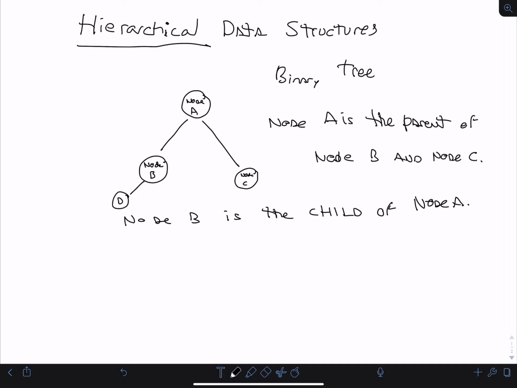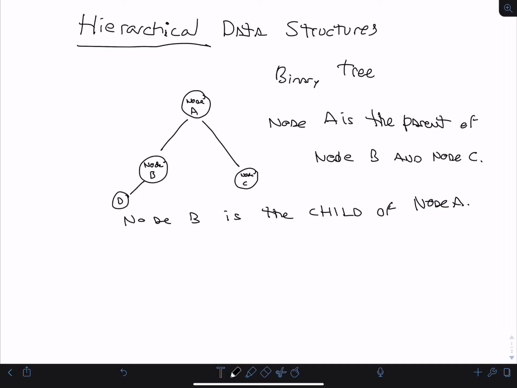Node D is the grandchild of node A, and node A is the grandparent of node D. So you can think of it kind of like a family tree in a way, except here it's always going to be single parents. And they can have any number of kids or no kids.